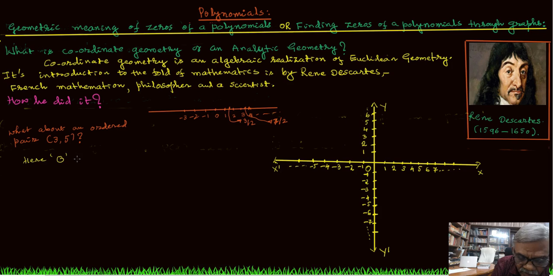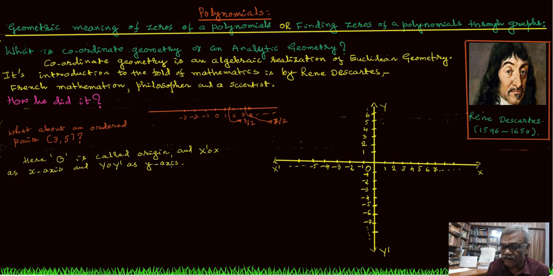O is called the origin, X'OX is the x-axis, and Y'OY is the y-axis. So in these axes, we can represent the ordered pair.